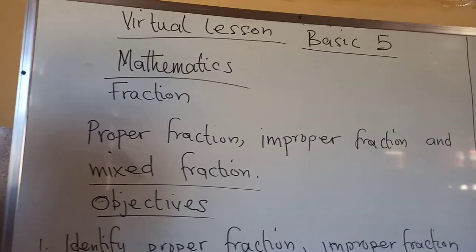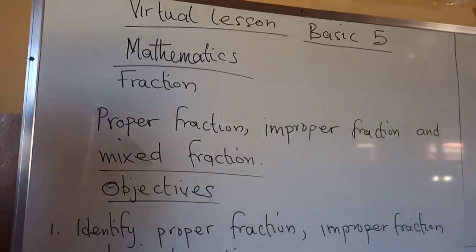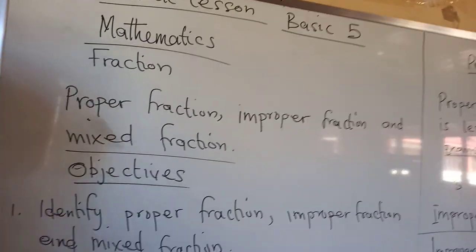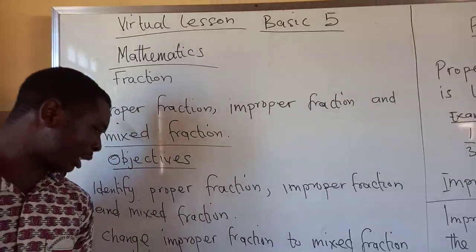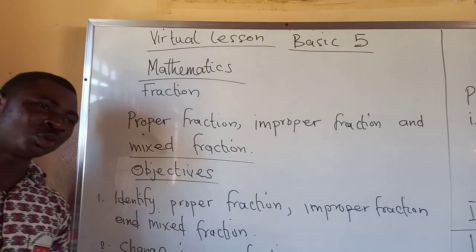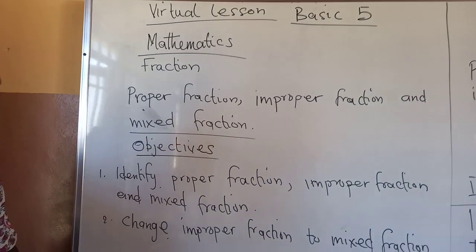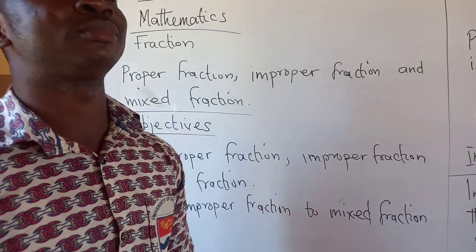Our objectives, what we want to be able to learn after the end of the lesson: 1. To identify proper fraction, improper fraction, and mixed fraction, and also to be able to change improper fraction to mixed fraction.